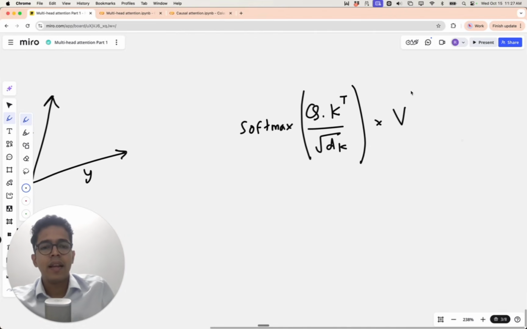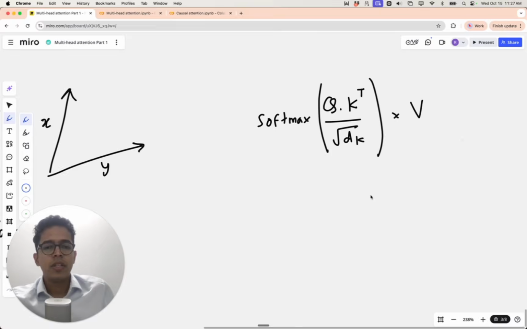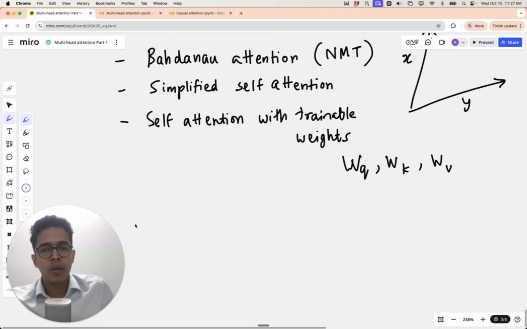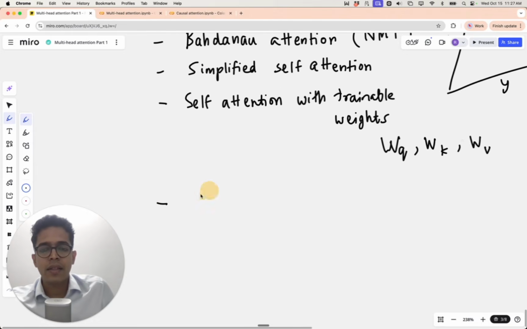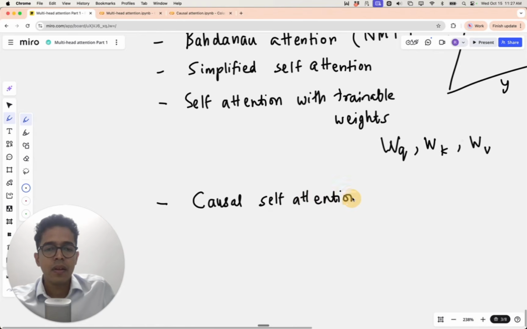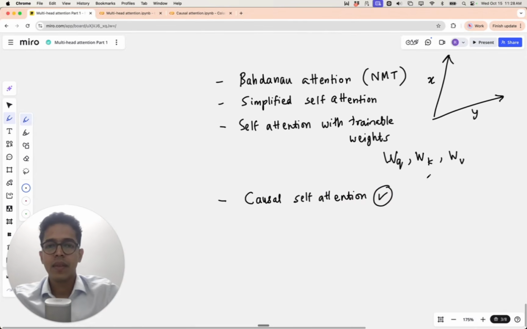This was the final context vector matrix that we get out of attention with trainable weights. This is what we discussed two lectures ago. And then after that, we discussed causal self-attention or masked self-attention, which we covered in the last lecture.